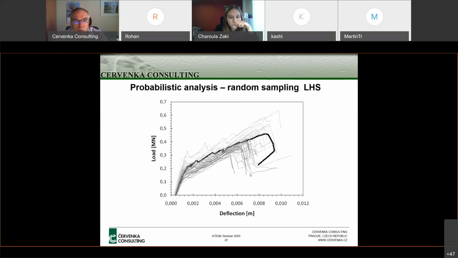For that, we are using stratified sampling methods like this LHS, because those of you who did some probabilistic analysis probably know that if we use the Monte Carlo method, the typical method for probabilistic assessment, we need to make thousands of analyses or 100,000 analyses, which is of course not possible with nonlinear modeling. So we have to limit ourselves, and for that these stratified methods are a good tool because they enable us to make good predictions with as low as 30 analyses.